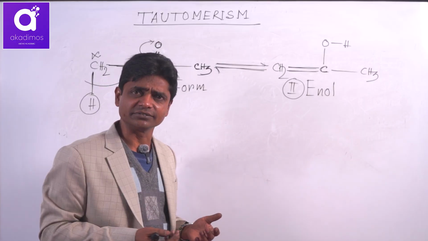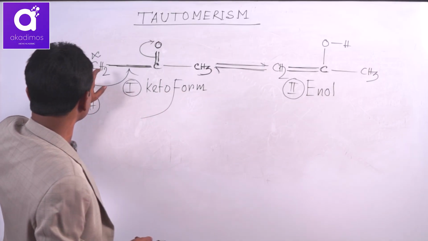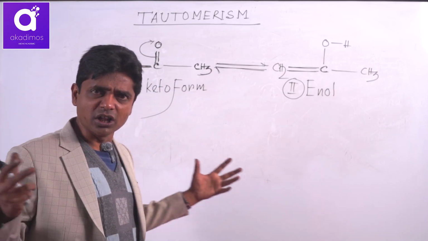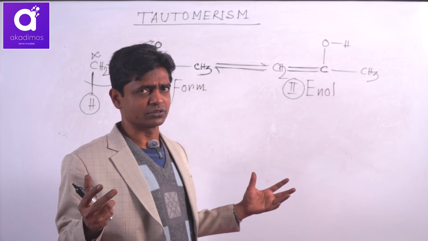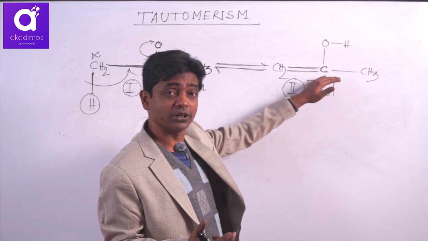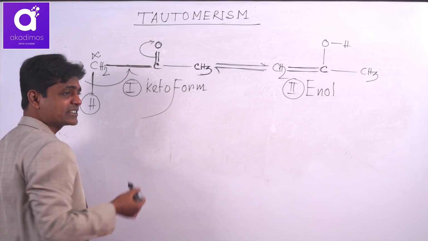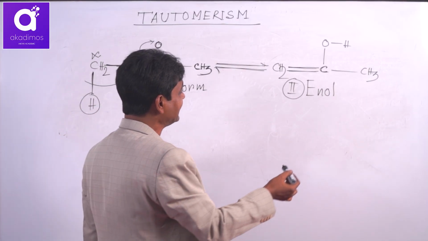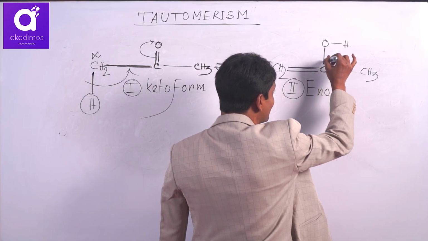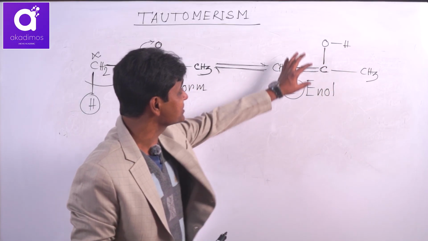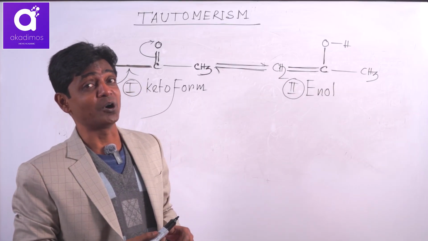Now, what is the application? There are 3 alpha hydrogens, all 6 alpha hydrogens may participate in tautomerism, which will increase the carbon-carbon bond order, decrease carbon-carbon bond length, and increase carbon-oxygen bond length.